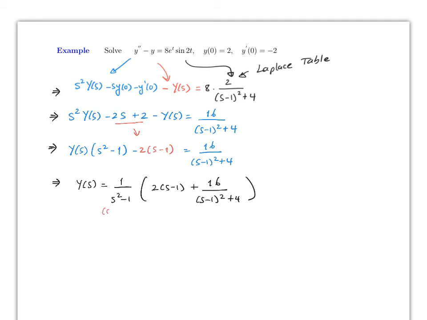Notice that this is s minus 1 times s plus 1. So therefore this will cancel this one. So the first one can be simplified a little bit more. So from here we will have that capital Y of s will equal 2 over s plus 1 plus 1 over s squared minus 1 times 16 over s minus 1 squared plus 4.